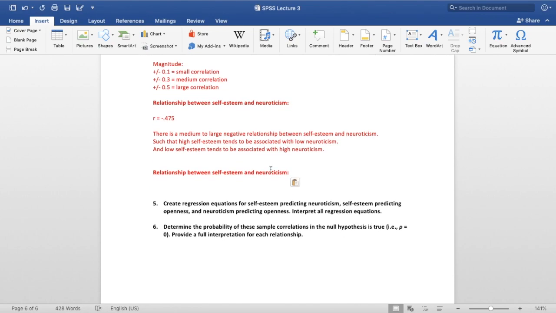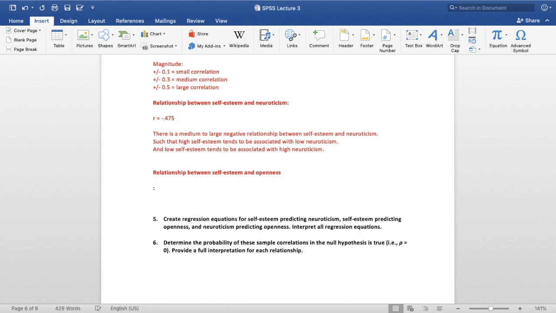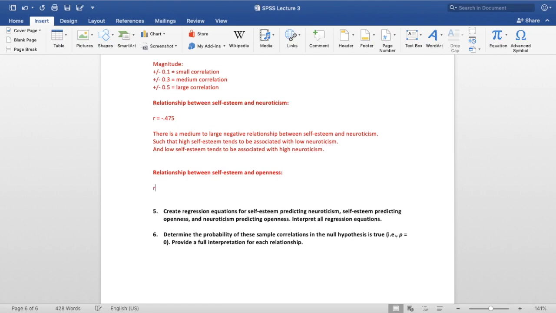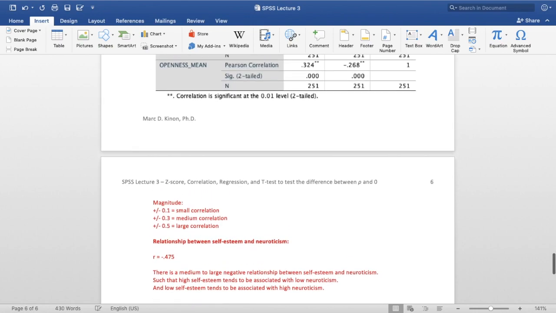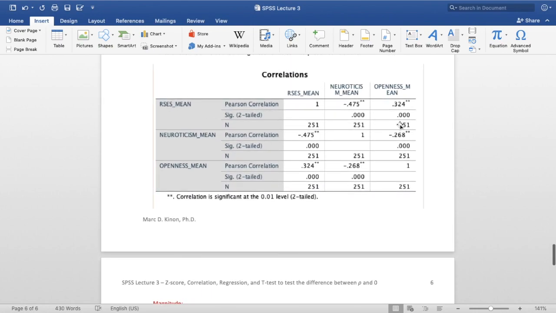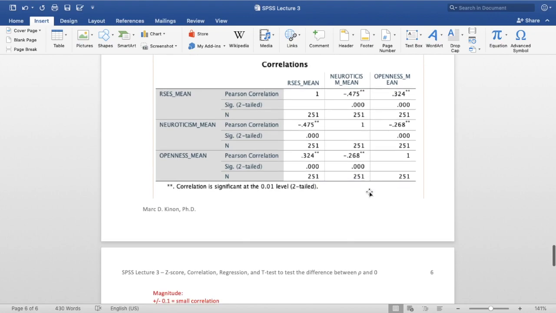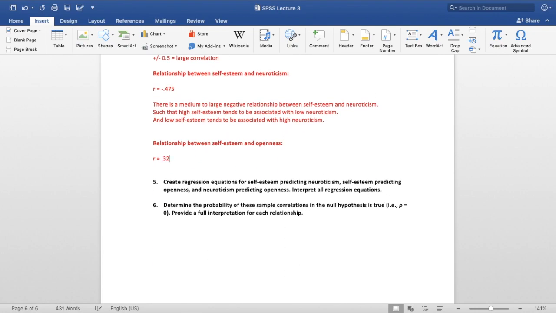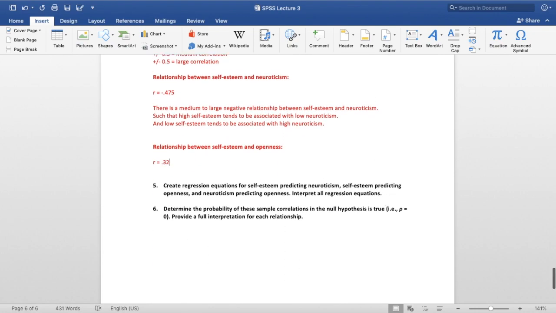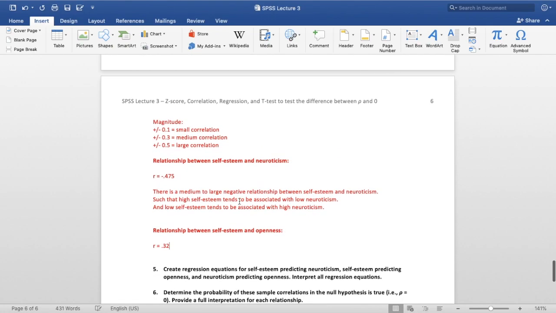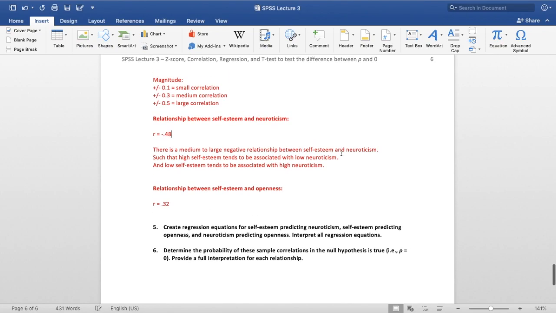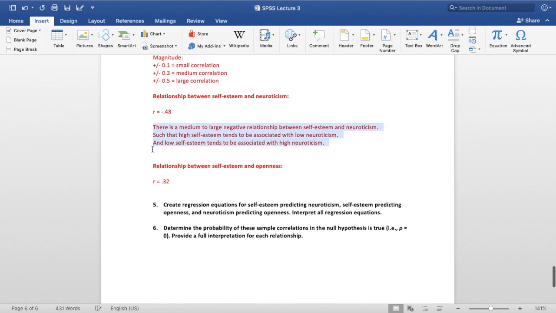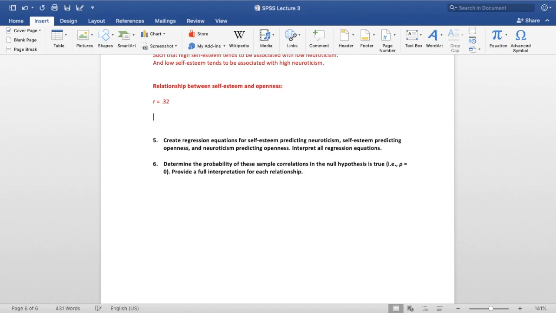So we could do the same thing for self-esteem and openness. R is equal to 0.32. We can go ahead and round that to 0.48. Okay, I'm just going to steal this verbiage and alter it a little bit for this interpretation.